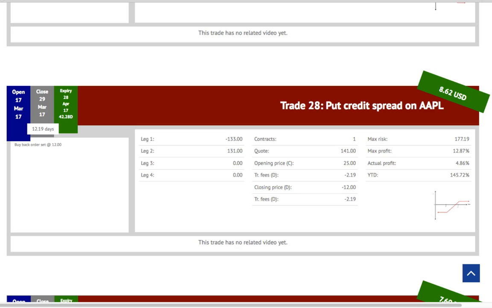That's what you control, or what you sold insurance for. So where was I? The max risk is 200. That's the difference of the strikes again, times 1 times the multiplier, minus the net credit you receive. And that's going to result to 177.19 US dollars.